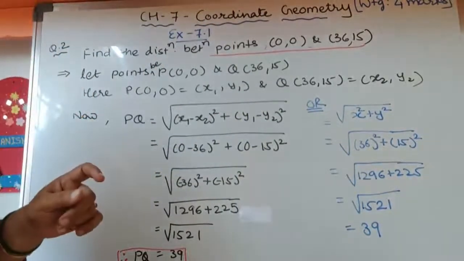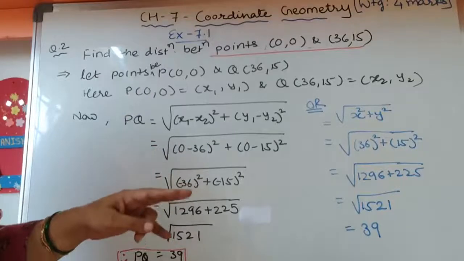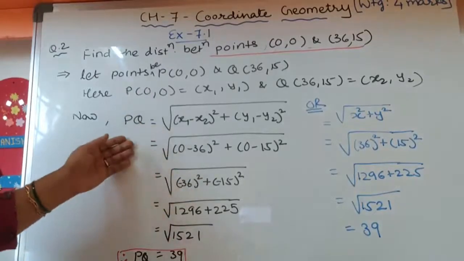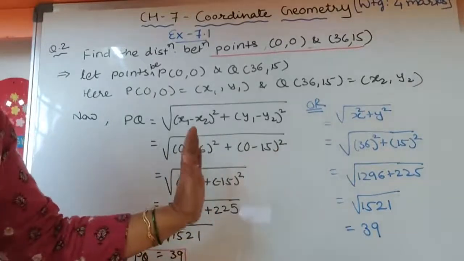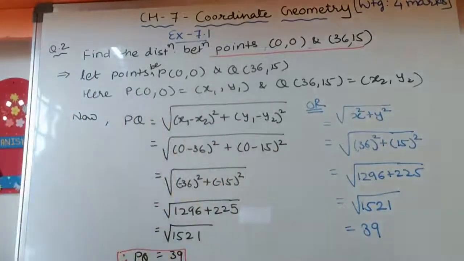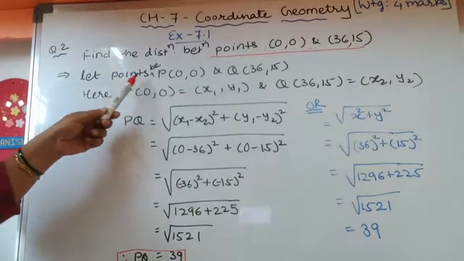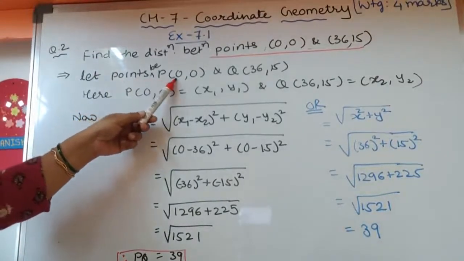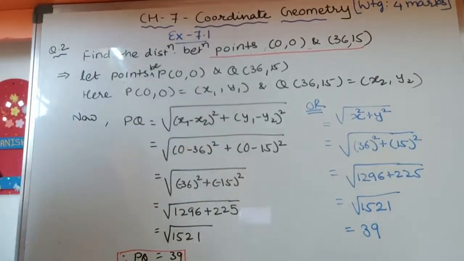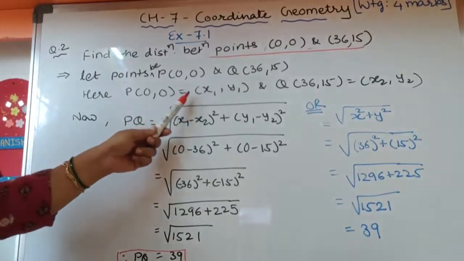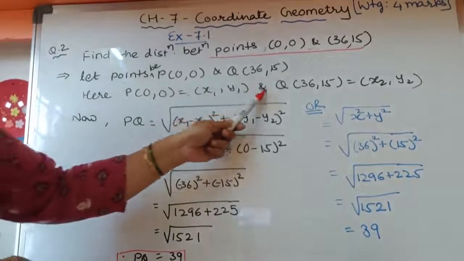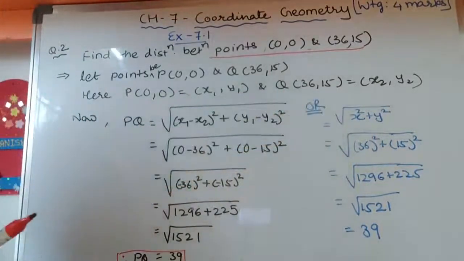I have just shown you the two distance formulas, and I have written here two different methods using both equations. First of all, let points P (0, 0) and Q (36, 15). Here P (0, 0) I have taken as x1, y1 and Q (36, 15) as x2, y2.